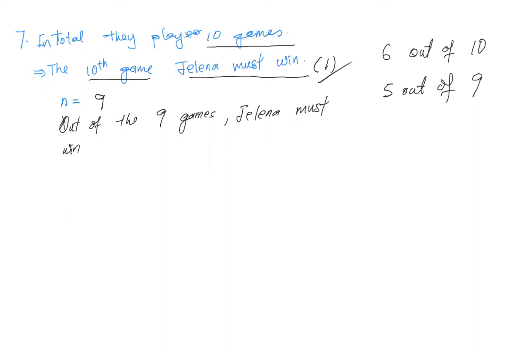Yes, it's 6 games to 4. Win 6 games, lose 4 games. What is the probability that Jelena win a set? I'm talking about Jelena. I haven't stated the probability yet. Okay, out of the 9 games, Jelena must win 5 games.